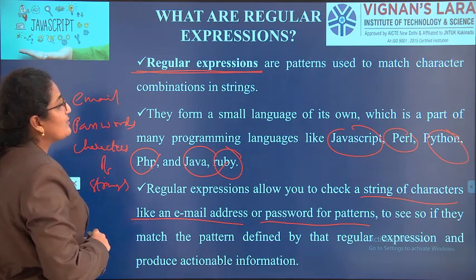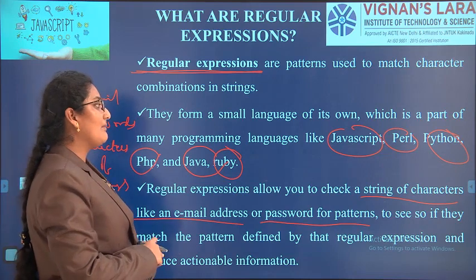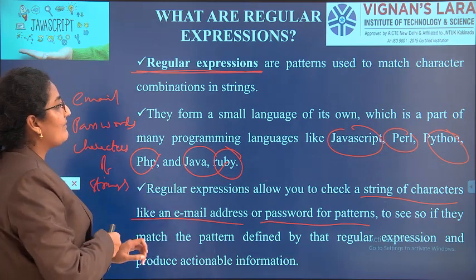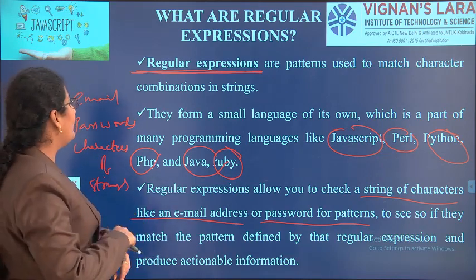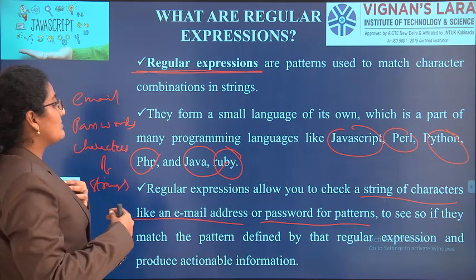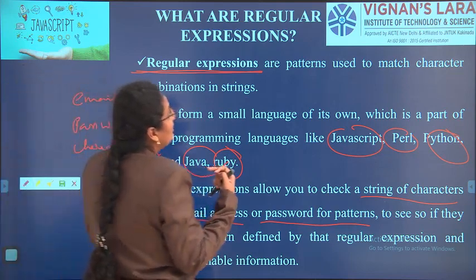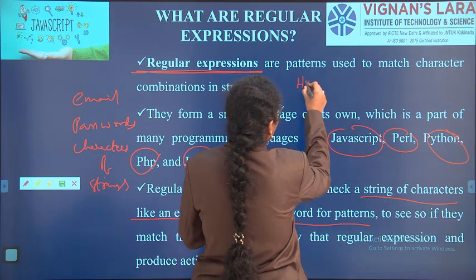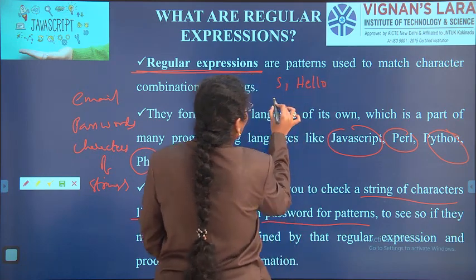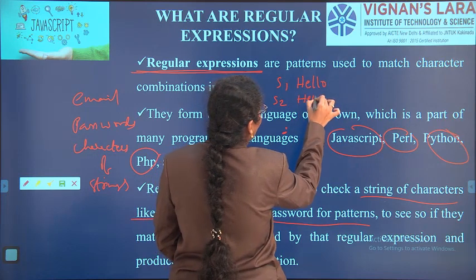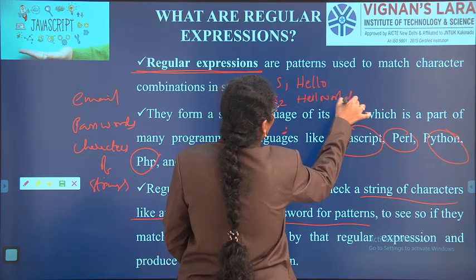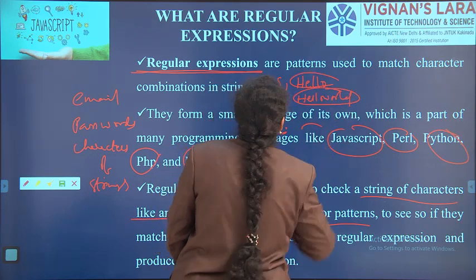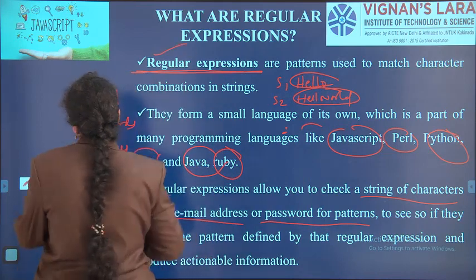A regular expression is nothing but a pattern. What we are doing here is matching the characters in the string. As I told you, if string 1 is hello and string 2 is hello world, to match these two strings you use regular expressions.